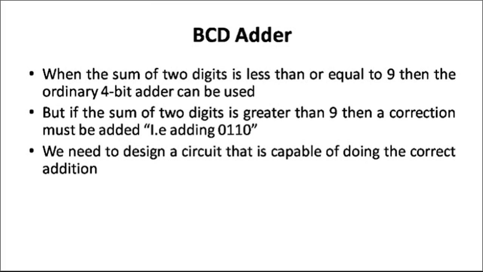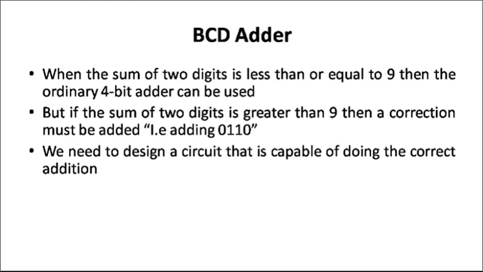But if the sum of two digits is greater than 9, then a correction must be added, that is adding 0110. 0110 is nothing but, if you convert the number, its value is 6.